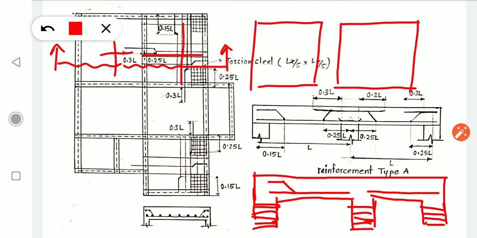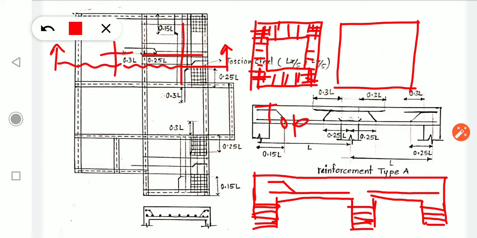In one, we have shown the reinforcement in this fashion, that is reinforcement in an edge strip, right, along with this torsion steel, correct? Okay, so from this plan we understood that only in the edge strip, on the upper side, in the top plan we can see reinforcement.